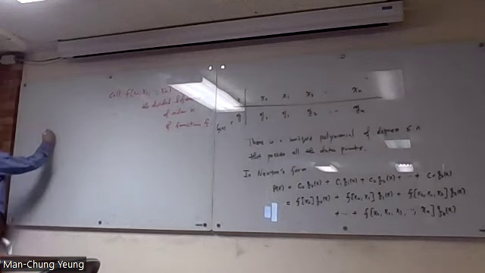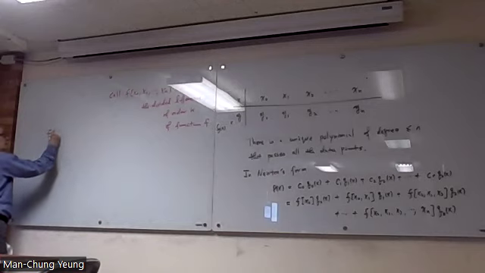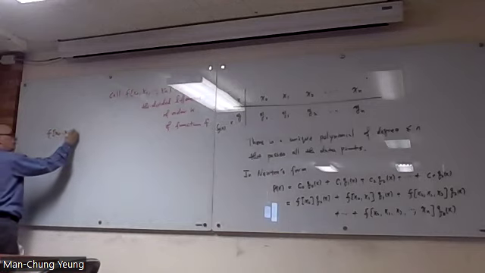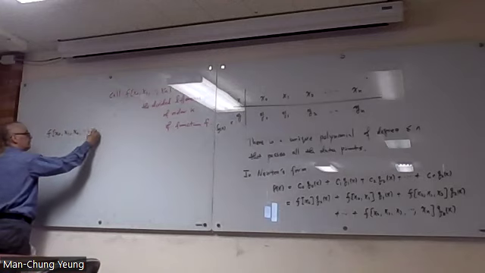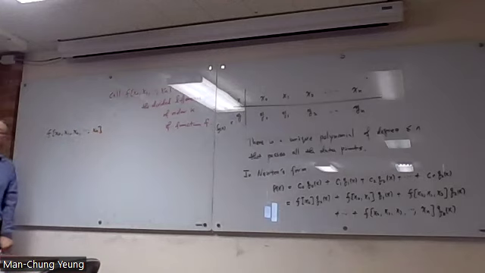For x0, x1, x2, up to xn, the divided difference of order n can be computed by divided differences of order n minus 1.